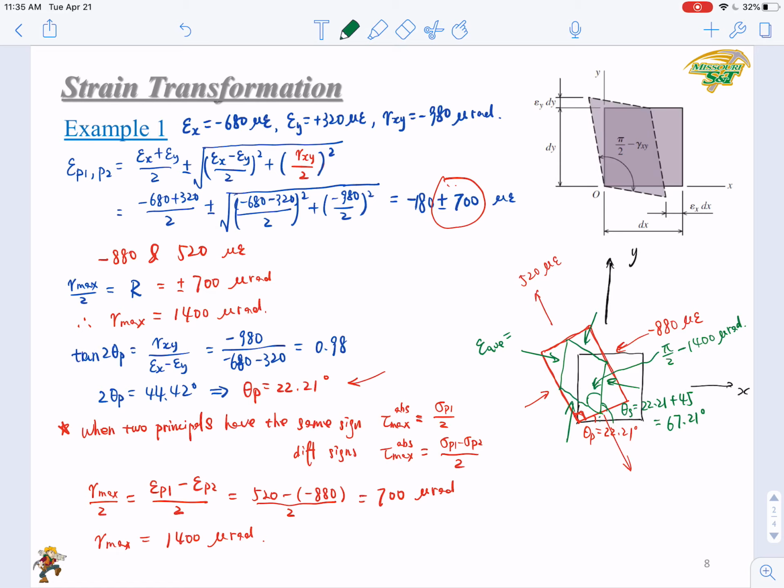You get negative 680 plus 320, you get negative 360, over 2. You get negative 180 microstrain. Here also negative 180 microstrain. This is a complete sketch of the principal strains and the maximum shear strains.